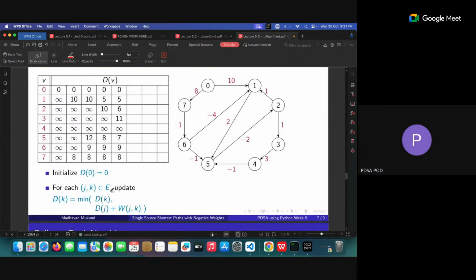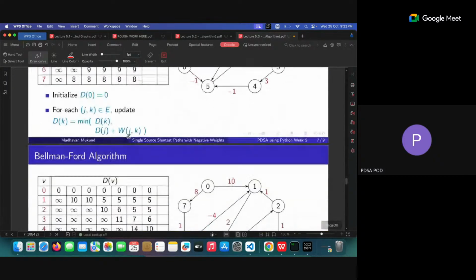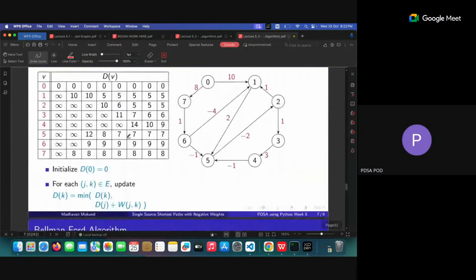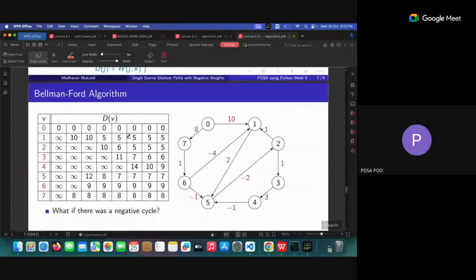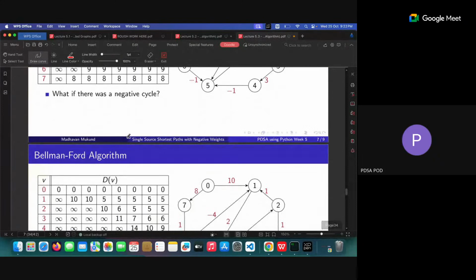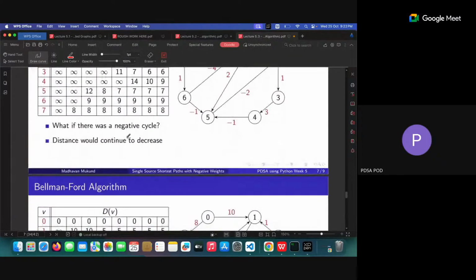For each vertex, for each edge J to K that belongs to the edge, we are getting the minimum, and the weight of J is updated every time we update it. So once you update it, 8 will become, now it is 7. So keep on moving to the other versions.